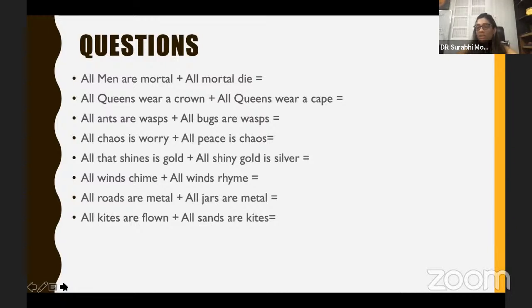All you have to do is mark the middle term, see if it is distributed once or twice or no times. If it is distributed once, you will get an all answer. If it is distributed twice, you will get a some answer. If it is not distributed, you will get no answer. So you have 2 minutes to solve this.